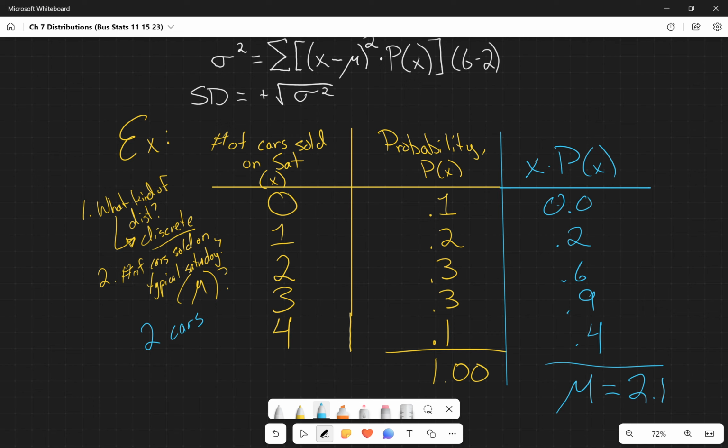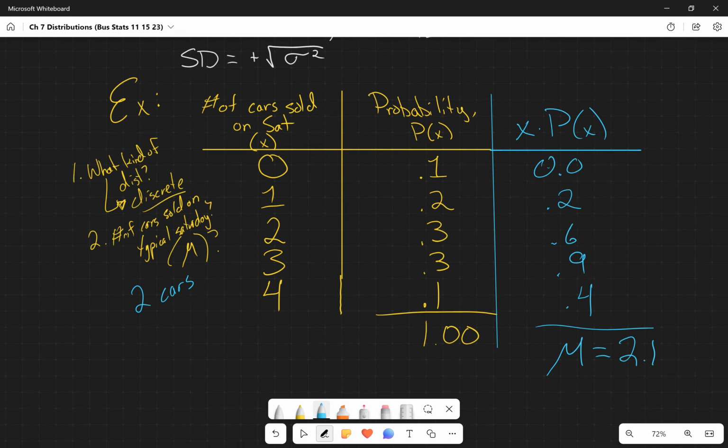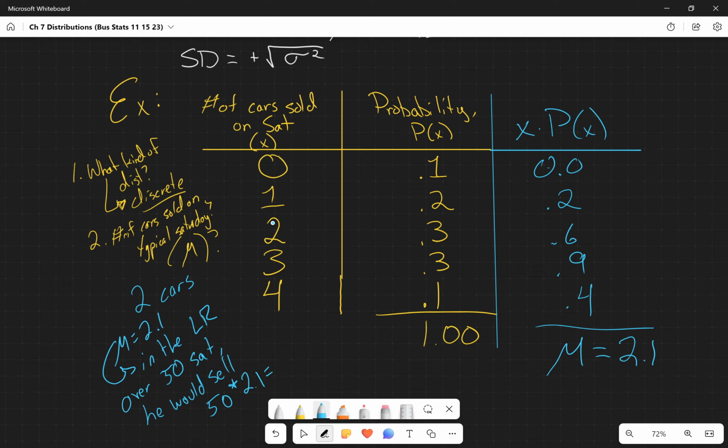Now, what we could say, too, is since we know the average mu is equal to 2.1, if we wanted to be more specific, we could say in the long run, over, say, 50 Saturdays, he would sell, and then you would take that 50 and multiply it by that 2.1 to get 105 cars.